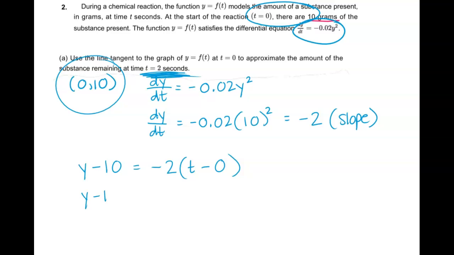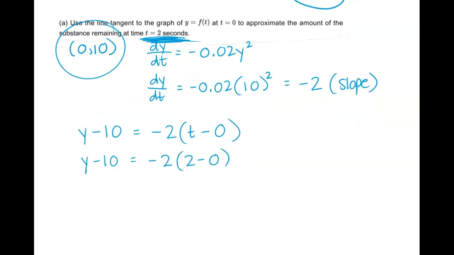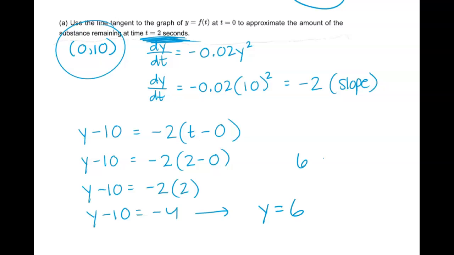So y minus 10 equals negative 2 times (2 minus 0), because we have our independent variable and we want to solve for y, which is the amount of the substance remaining. 2 minus 0 is just 2, so y minus 10 equals negative 4. So y equals 6. So there are 6 grams remaining at t equals 2 seconds.